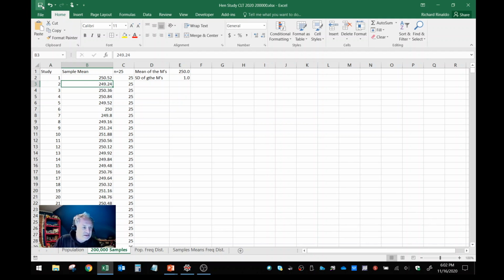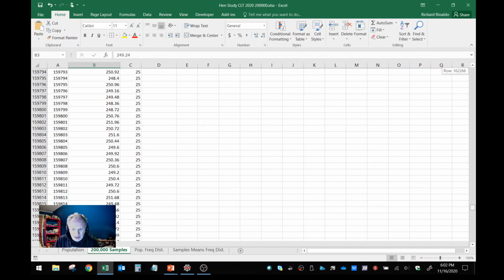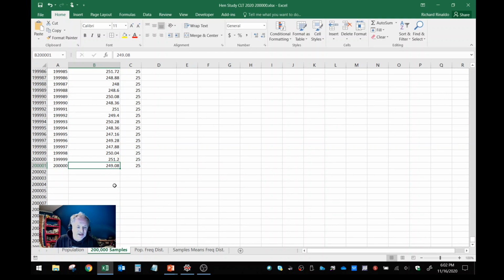I sweep through and do that exercise just as a theoretical exercise. I'm only doing it because I can mess around in Python. And I ended up with 200,000 studies, 200,000 random samples of 25 hens from my population.